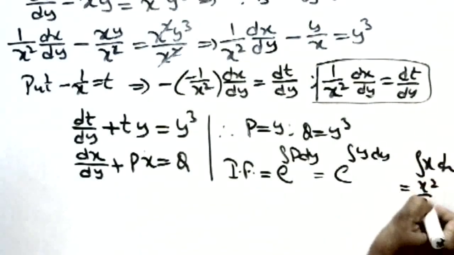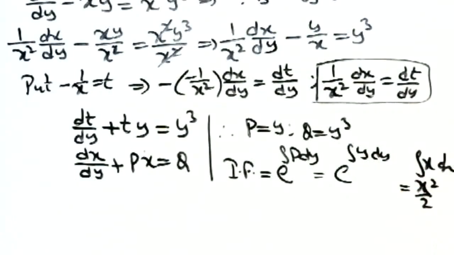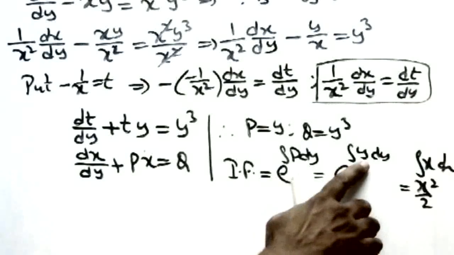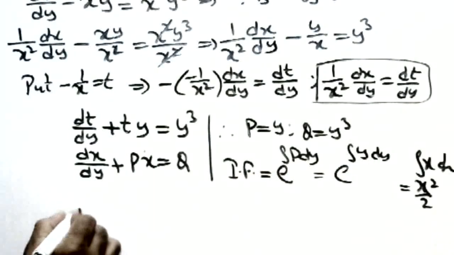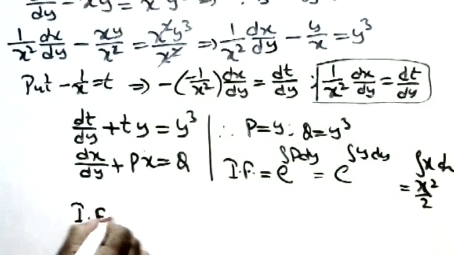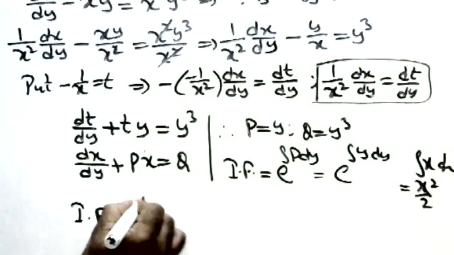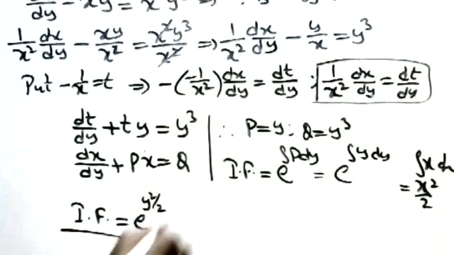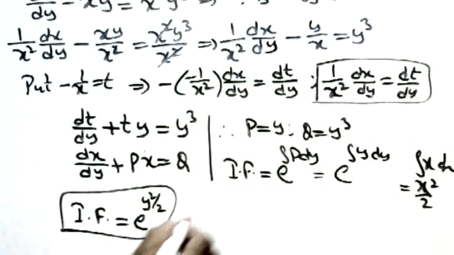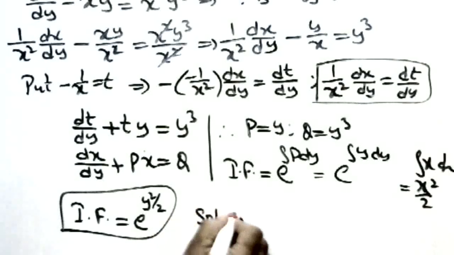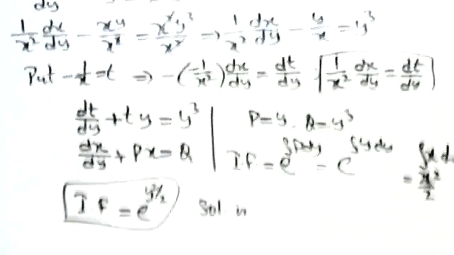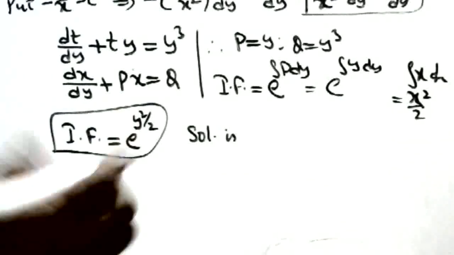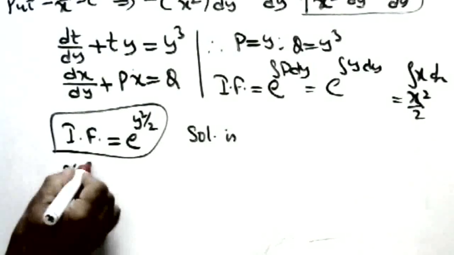Now integration of x is x square by 2. In the same way, integration of y will be y square by 2. So we'll get the integral factor equals to e to the power of y square by 2. Now the second step is the solution, its formula is not x into the integral factor, sorry, t into the integral factor.